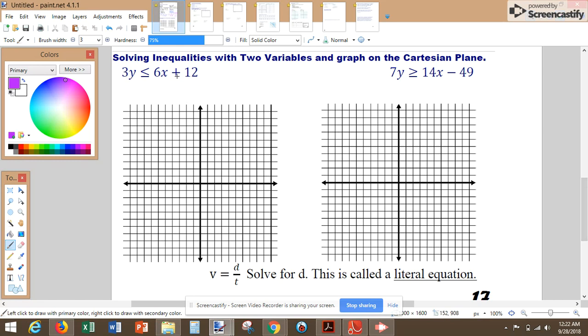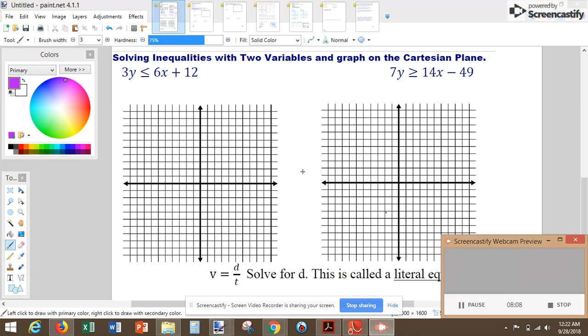Now we're going to be solving inequalities with two variables and graph on the Cartesian plane. Cartesian plane is just the plane that we've been looking at. So this first one is 3y is less than or equal to 6x plus 12.